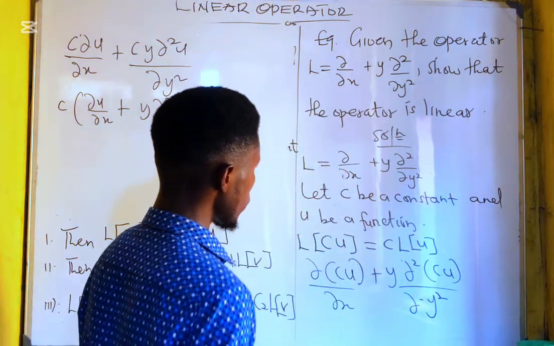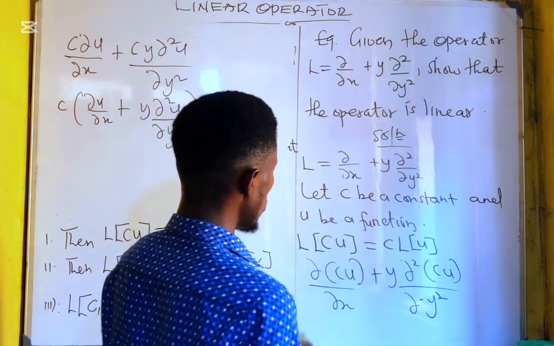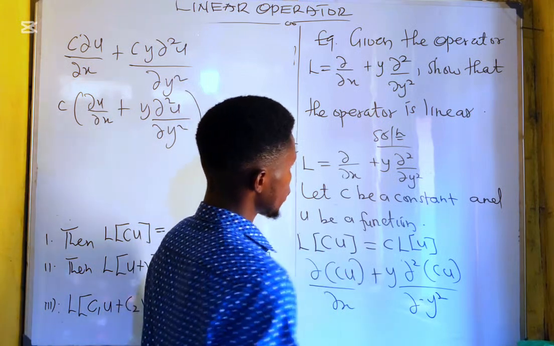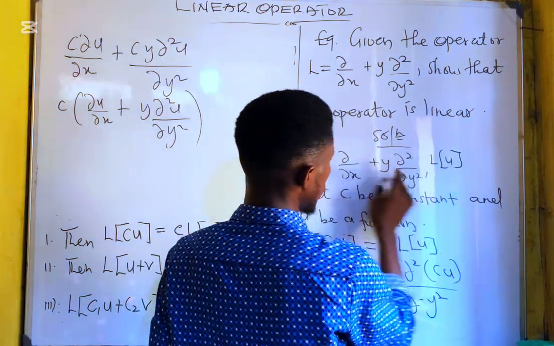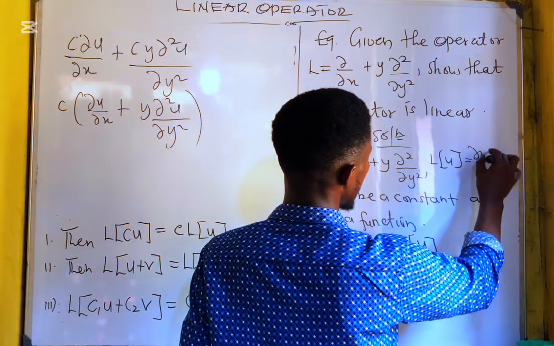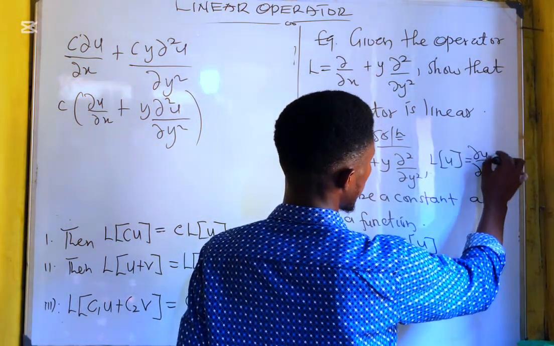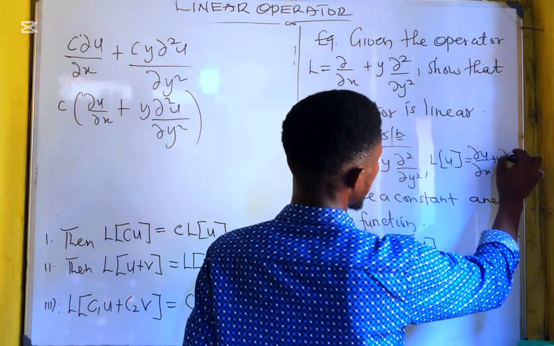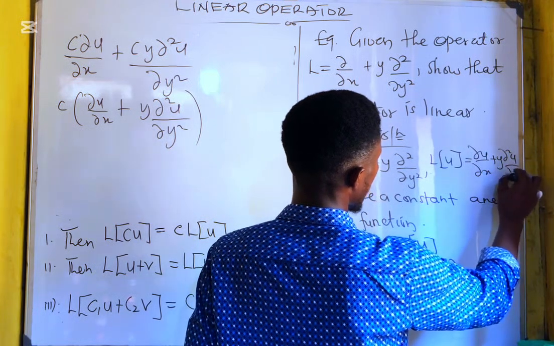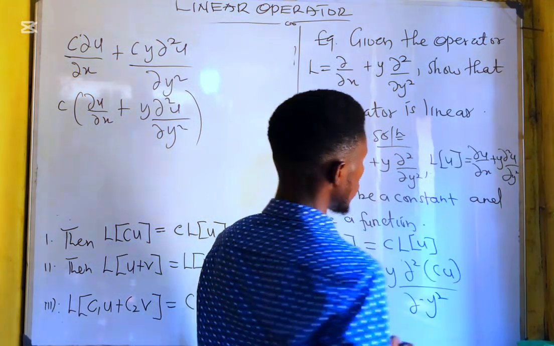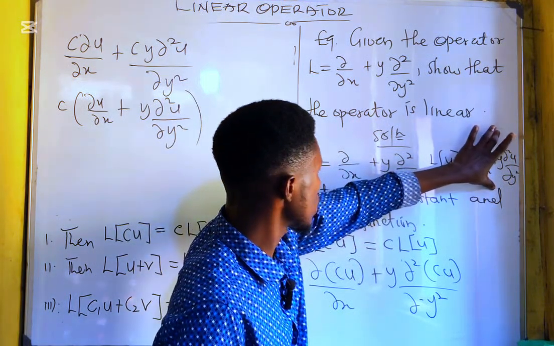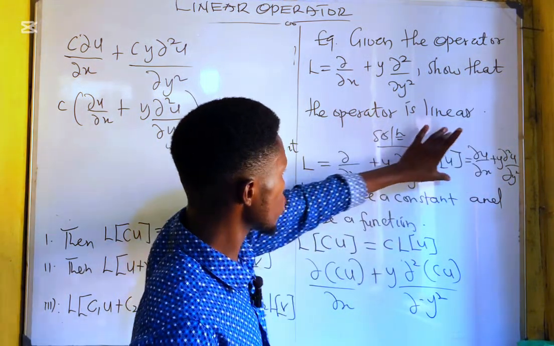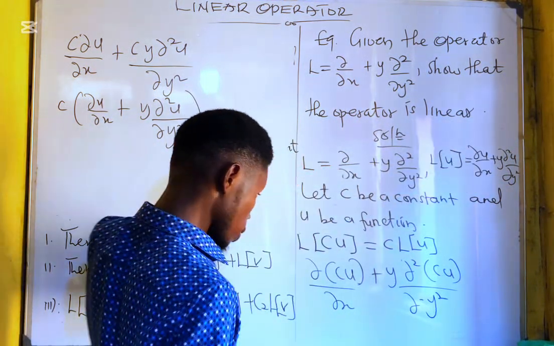Now, you see here, if I operate the L on u, that one alone is ∂u/∂x plus y ∂²u over ∂y squared. Okay, so this is Lu. The Lu is this.